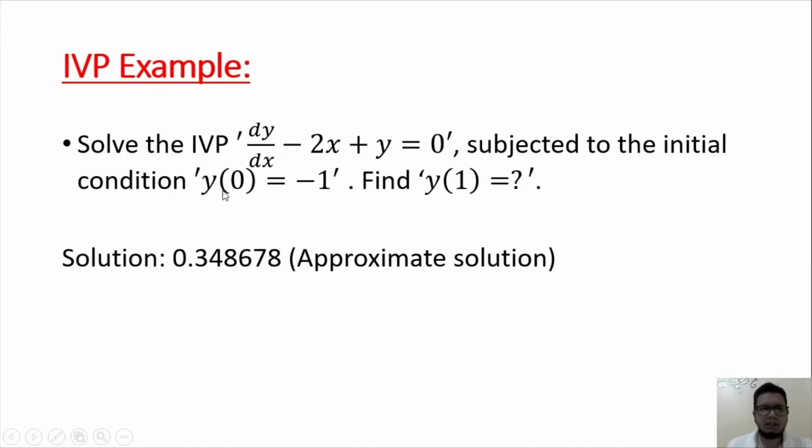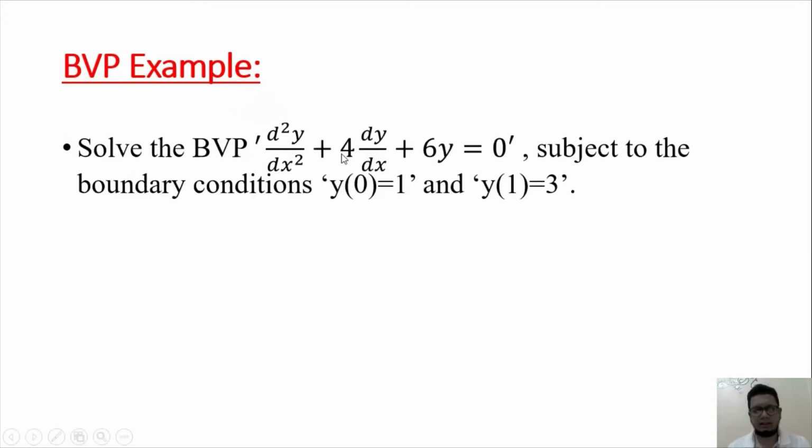The main difference is that in an initial value problem, the degree of the derivative, here you can see the derivative is dy over dx, is 1, whereas in boundary value problems, the highest degree of your derivative is 2.